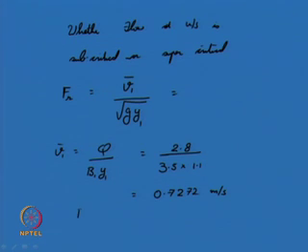So, your Froude number using these data is around 0.22, which is less than 1, meaning the flow is subcritical.